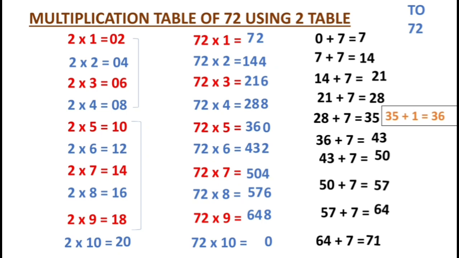The tens place is 1, and in 2 10s are the tens place is 2. So the tens place is changing. So add plus 1. 71 plus 1, we get 72. So we got the 72 table.